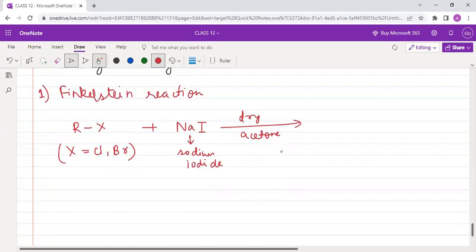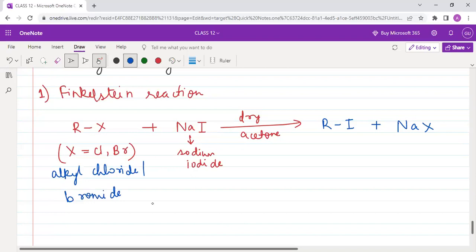Here the halogen gets exchanged and it forms RI, and NaX. So you have to remember that alkyl chloride or bromide reacts with sodium iodide in the presence of dry acetone, and it forms alkyl iodide.